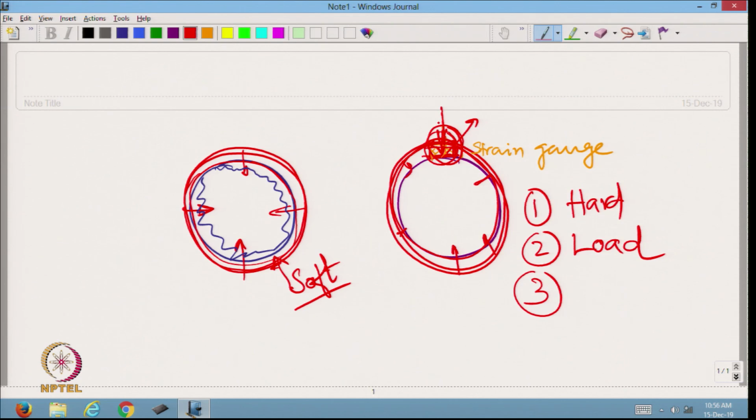the deviation from actual condition, that is protrusion. This strain gauge is projecting outside the surface, but in actual condition it should be perfectly wrapped. So, at these zones adjacent to this strain gauge, due to the projection, they are not exerting pressure.